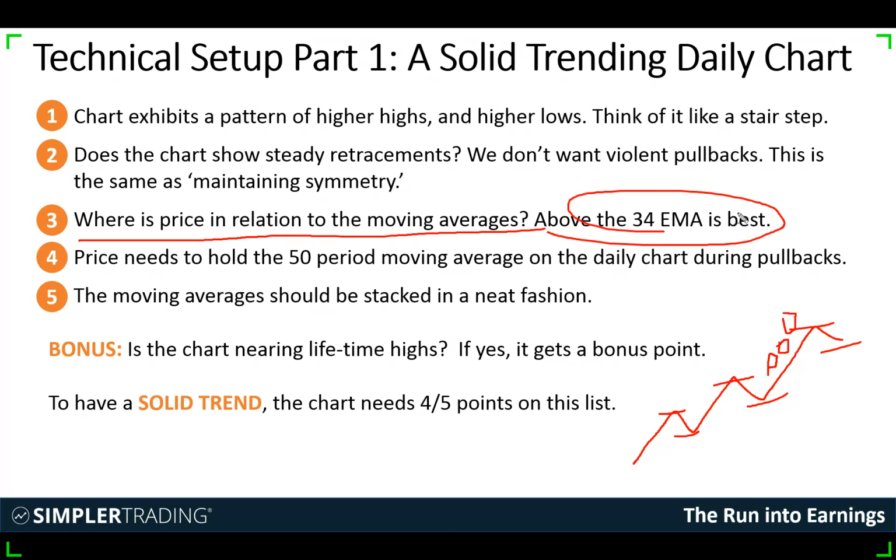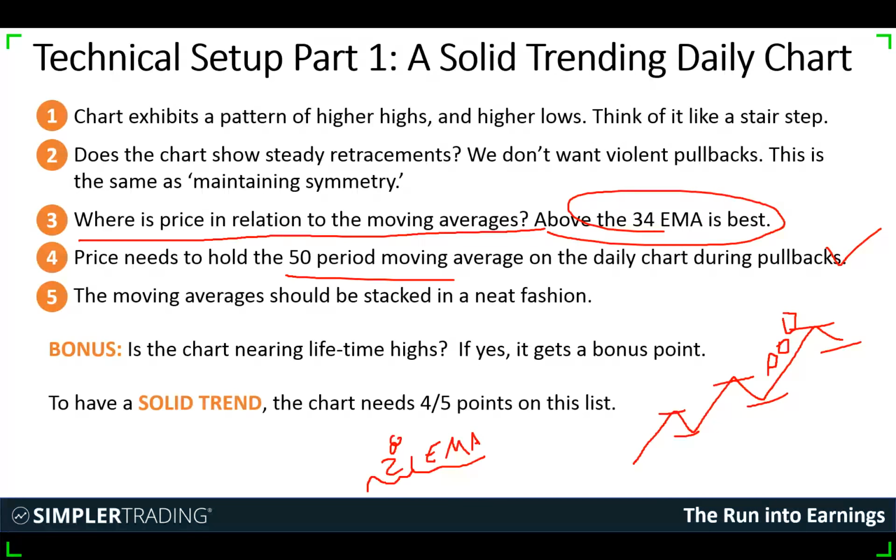Prefer to see it above the 34 EMA, especially with the way that the market is right now. I've lowered that, and the 50 is going to have to work for right now. When we're in a stronger bullish trend, then we'll use the 8 and the 21 EMAs as a little bit tighter hold.